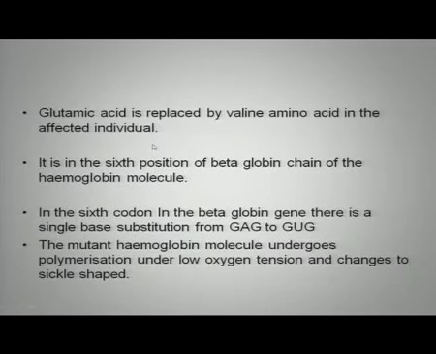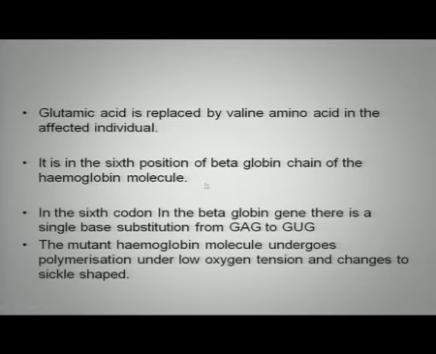So, as I have already told you, in the 6th position of the polypeptide chain, normal hemoglobin, glutamic acid is replaced by valine amino acid in the mutated one or affected individual. It is in the 6th position of the beta globin chain of the hemoglobin molecule.